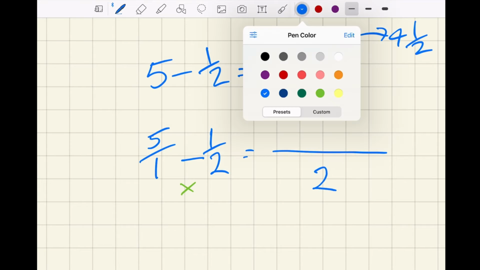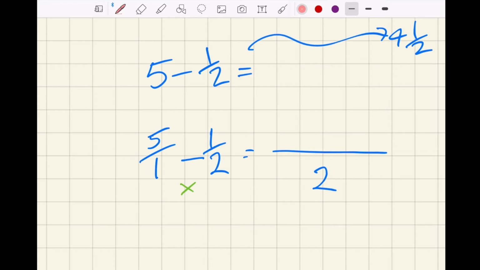And now we think, how did we get there? So 1 times what gives me 2? 1 times 2 gives me 2, so the top gets multiplied by 2 as well. 5 times 2 is 10 minus, and now we do the other part, 2 times what gives me 2?